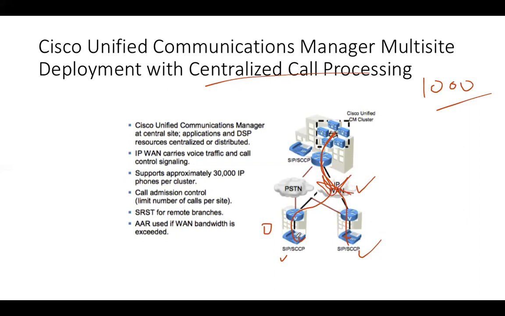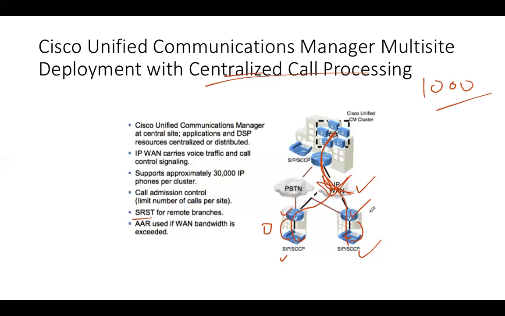This is where in this deployment we have something called SRST. We will configure this gateway as an SRST, so that in case the phone loses the connection from the call manager, it should get registered with the gateway itself as SRST, just like a CME.